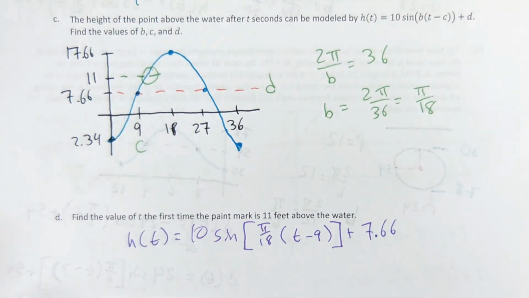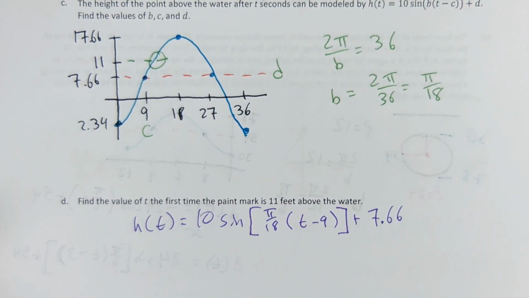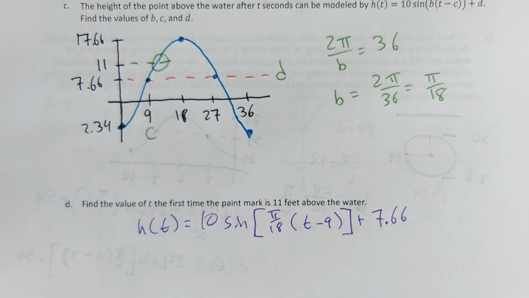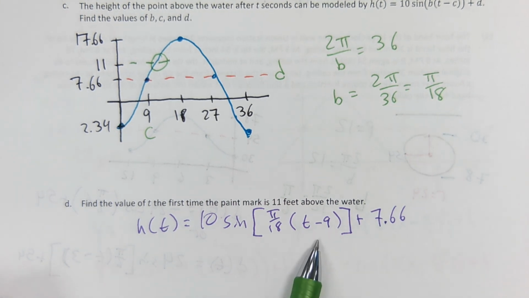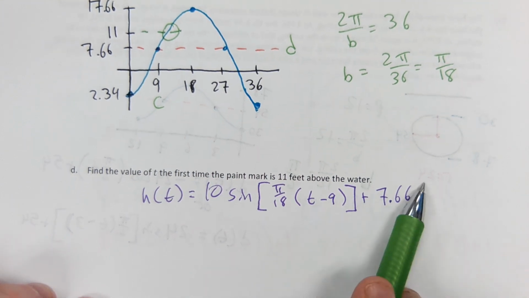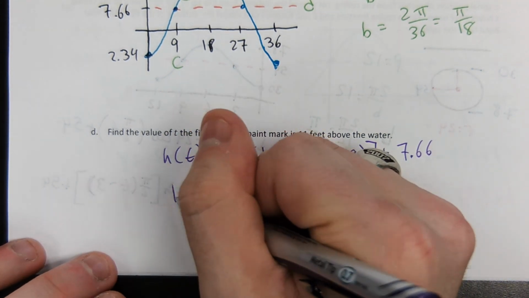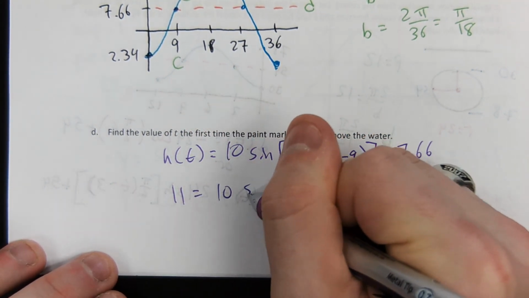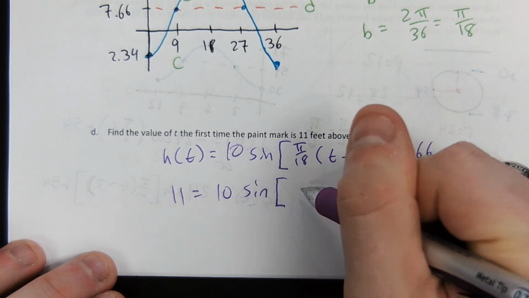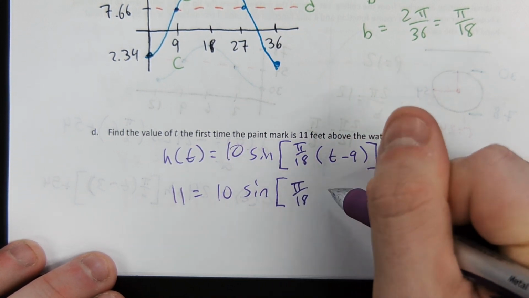Okay, so you know the answer is somewhere between 9 and 18. How are you going to find that answer? I'm sorry? Second trace intersect. You set this equation equal to 11 and do second trace intersect. You do not get any bonus points for trying to solve the trig by hand. You write this to get your method mark and second trace intersect to get the result.